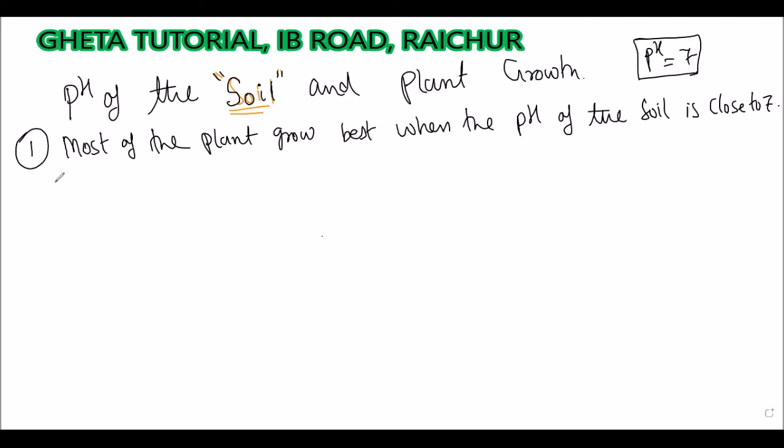Suppose the soil is too acidic, nothing but a pH like 4, then we can say the soil is too acidic, or too basic, like a pH of 10, 10.3 or 10.5.